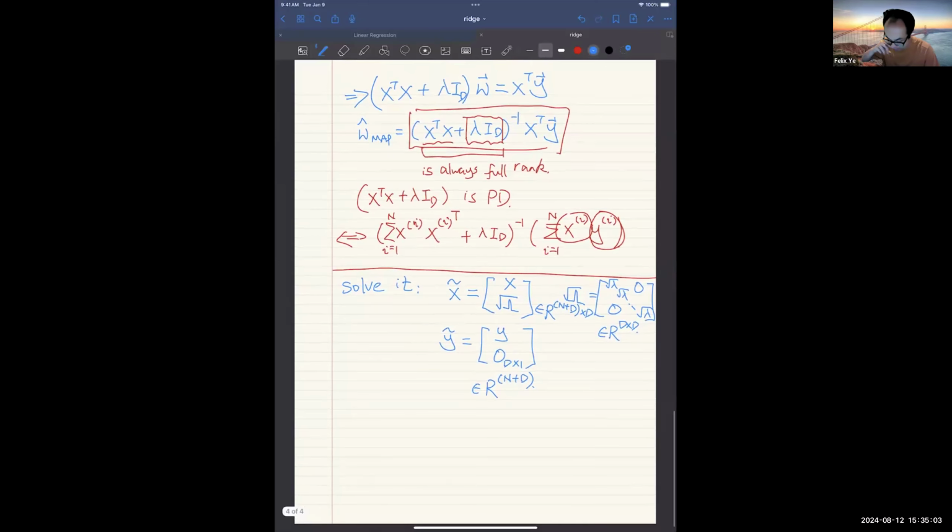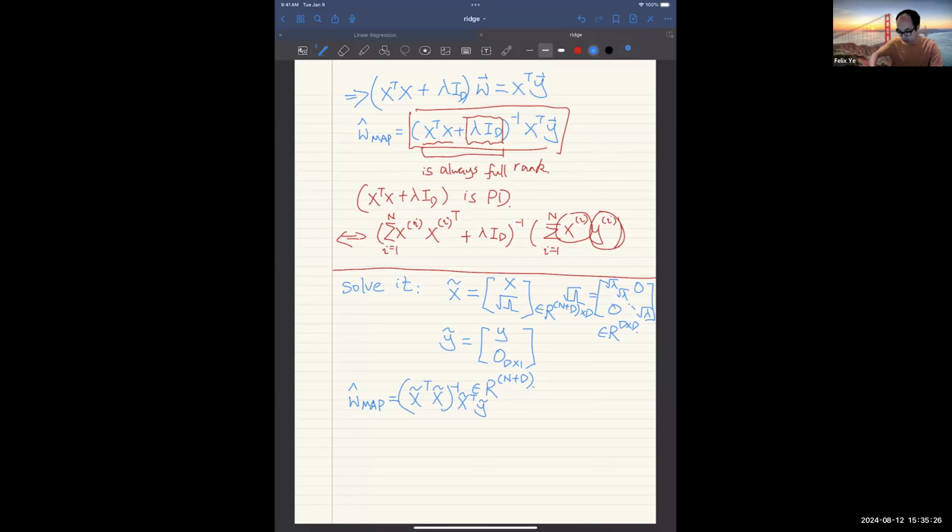And I want to say, if we create it this way, then my MAP is nothing but X2 transpose X2, inverse, times X2 transpose Y2.